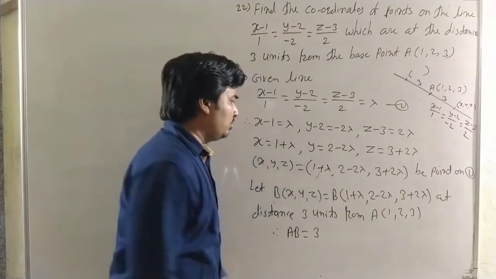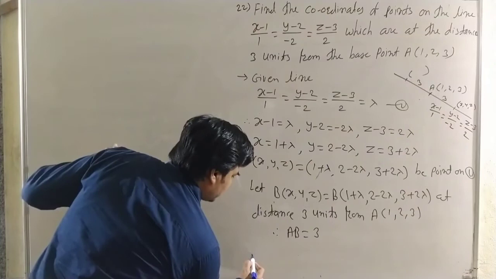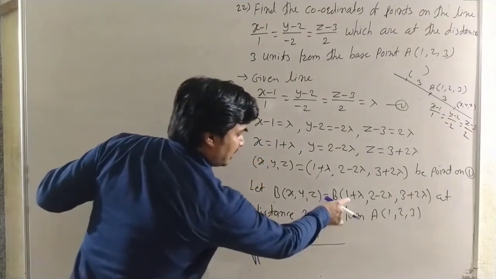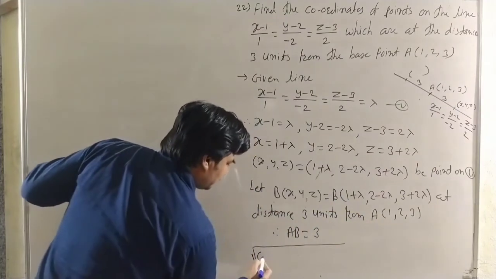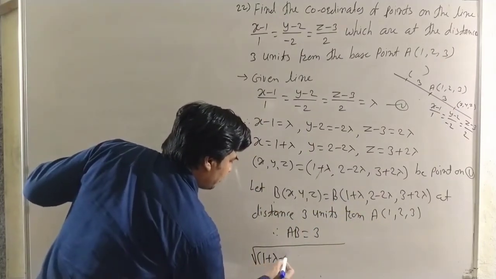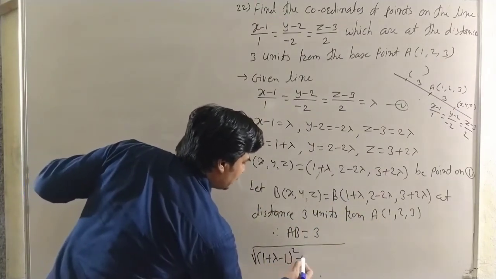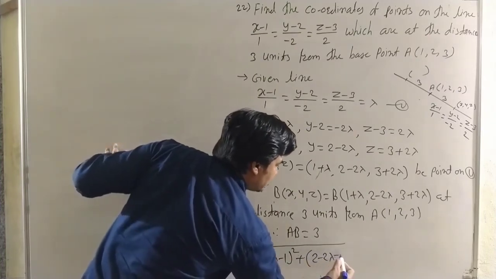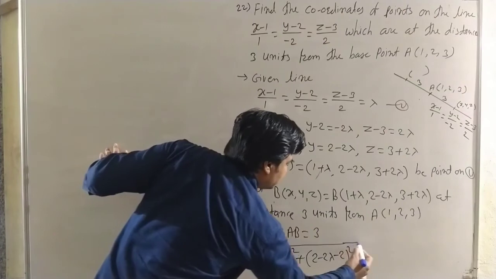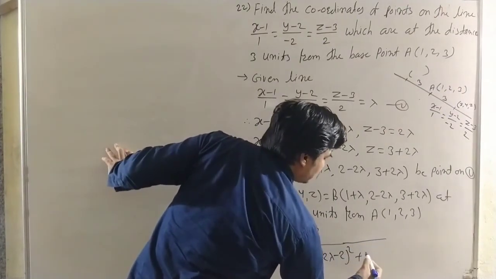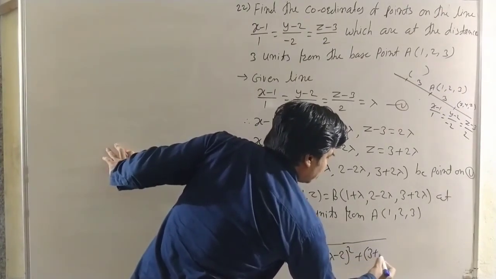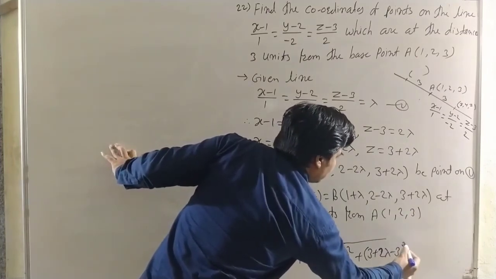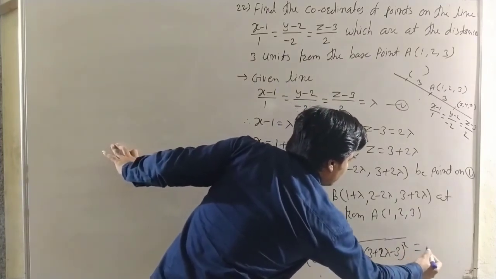Okay, now we know the coordinates of point B and point A, and the distance between them is 3. So by using the distance formula, under root of (1 plus lambda minus 1) whole square plus (2 minus 2 lambda minus 2) whole square plus (3 plus 2 lambda minus 3) whole square is equal to 3.